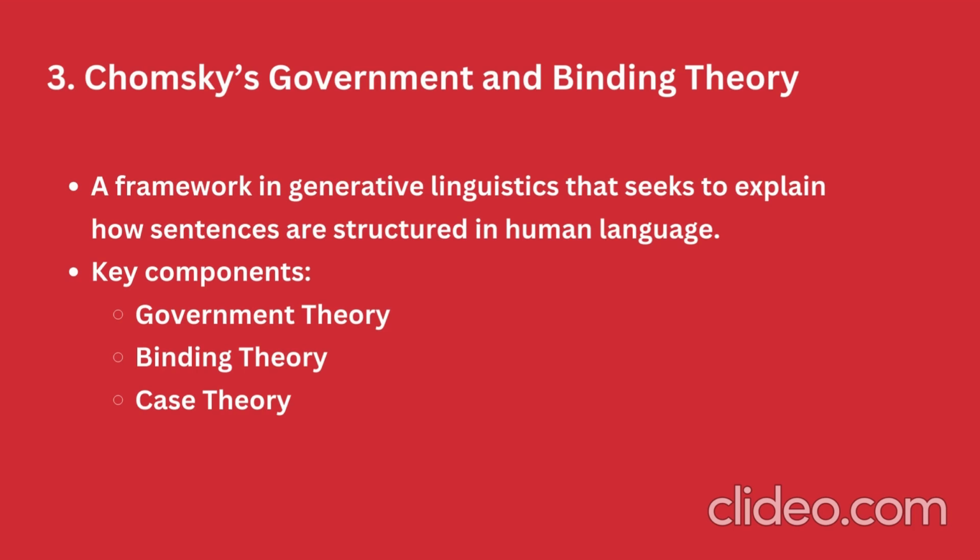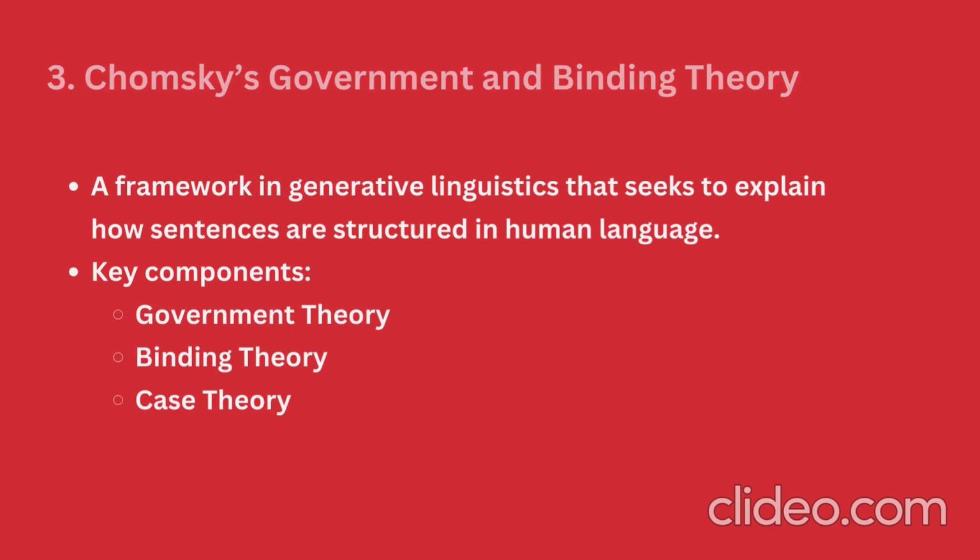And within this theory, there are several key components as well, like government theory, binding theory, and case theory. Now let's look at each of them. So these three theories are like special tools that help us understand how sentences are put together in languages.